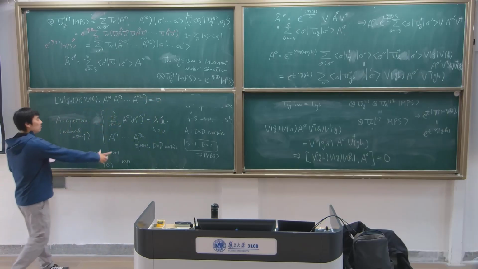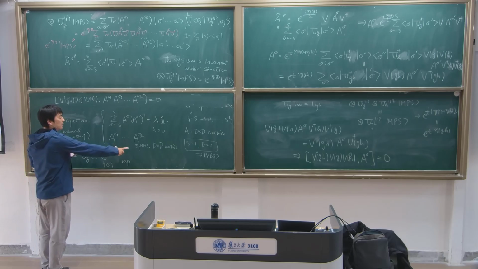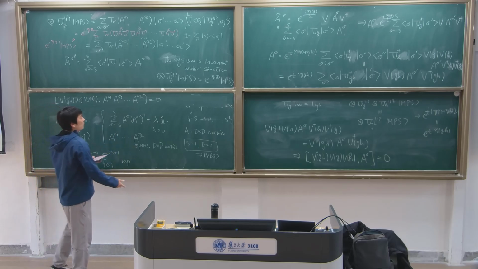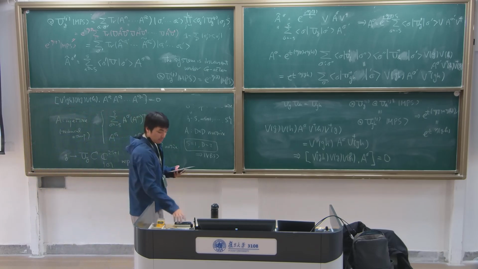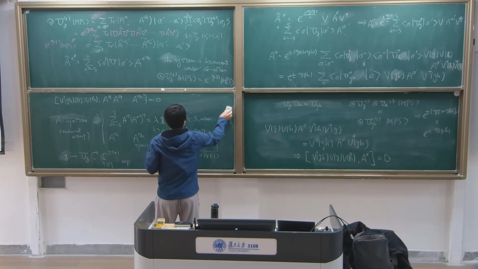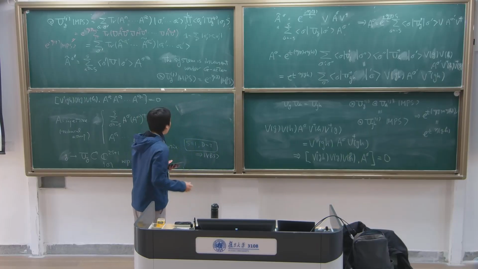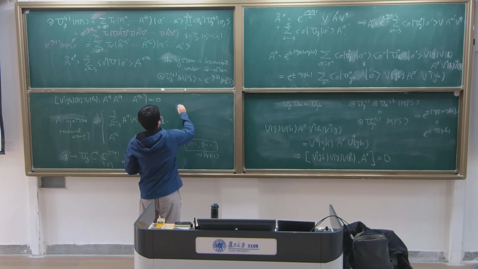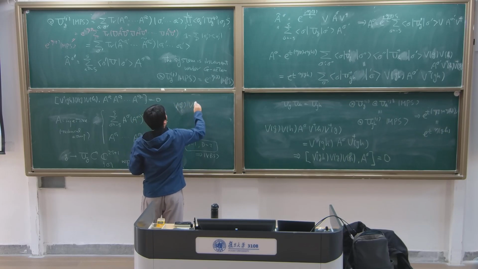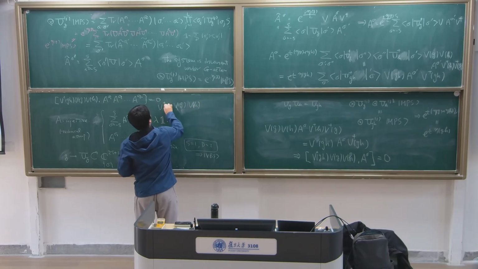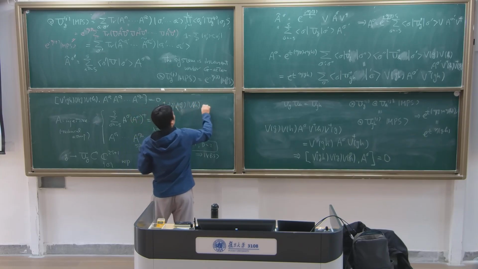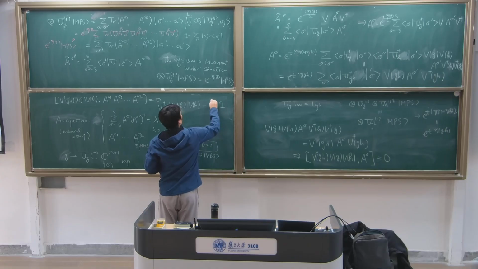But we know that this matrix spans the D cross D matrices, so therefore this only happens when this matrix is identity times a phase. B G, B H times B dagger G H is identity times a phase.